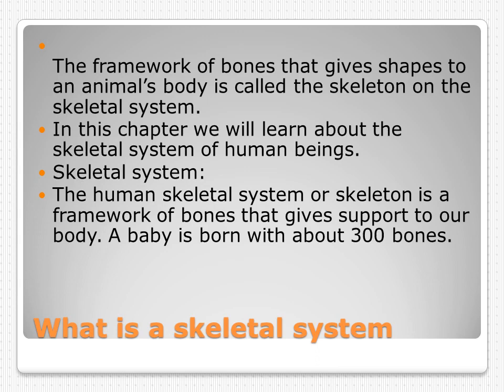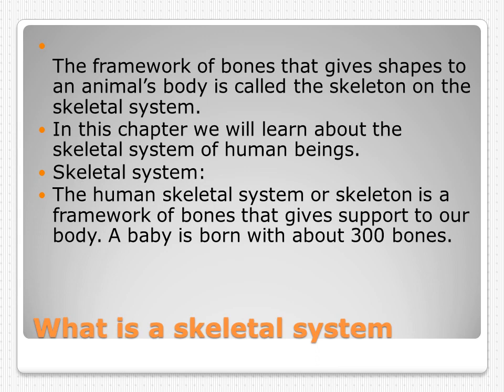Consider what will happen: inside, all the organs will not get their proper shape. So the definition is: the framework of bones that gives shape to an animal body. That which gives shape to your body is called a skeletal system. In this chapter we are going to learn about the skeletal system of human beings.